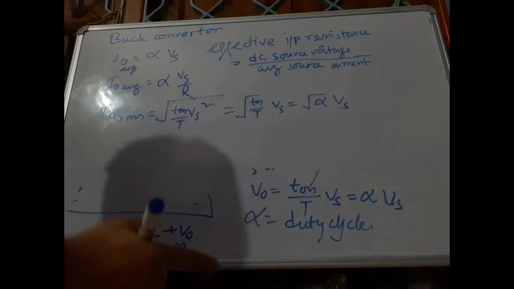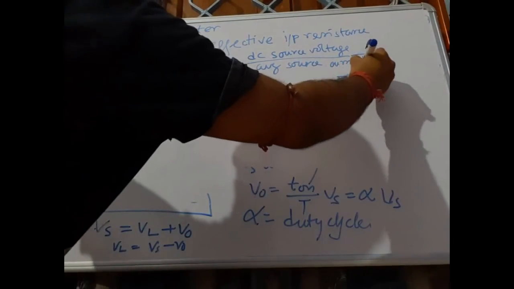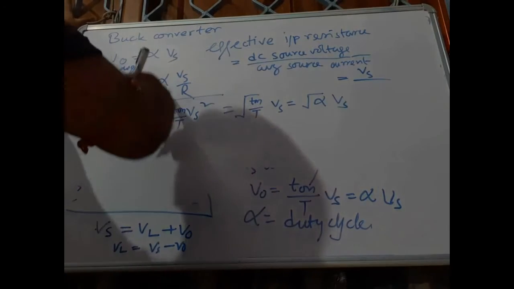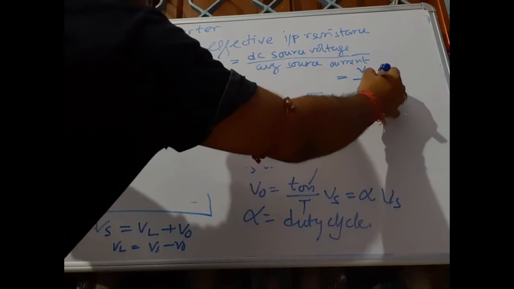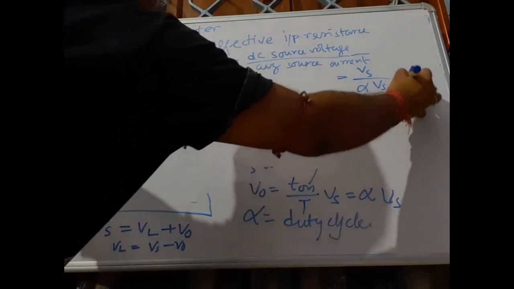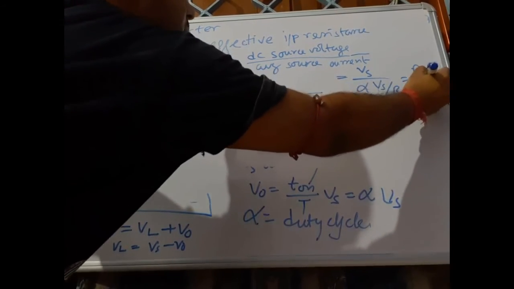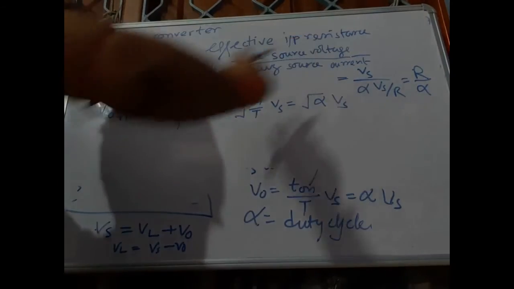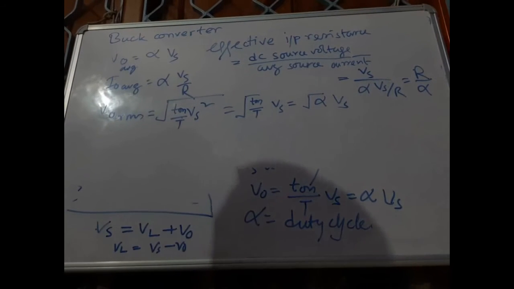Okay, now what we have, DC source voltage equals to Vs and average source current is alpha Vs divided by R, and that is equals to R by alpha. This is the effective input resistance of the chopper.